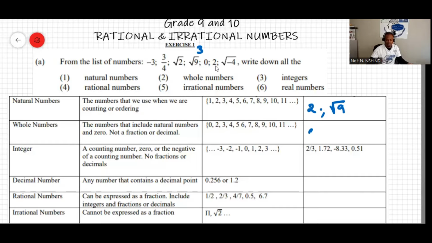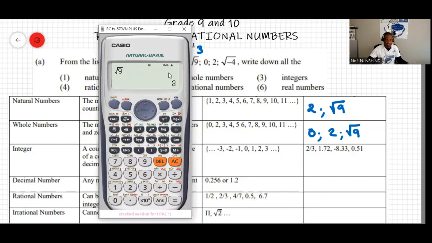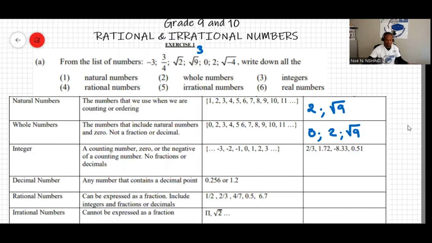I'll go with 0, and then I'll take 2, and then I'll take also square root of 9. Okay, it's a whole number. What about square root of -4? If you check this in the calculator, it is not equal to -2. If you try in the calculator, you will get an error. So it's not a natural number, nor a whole number.